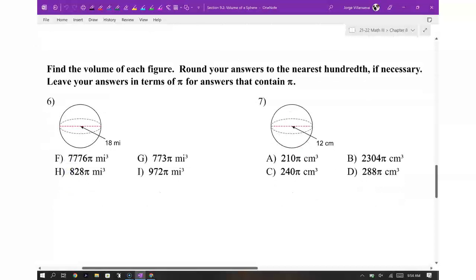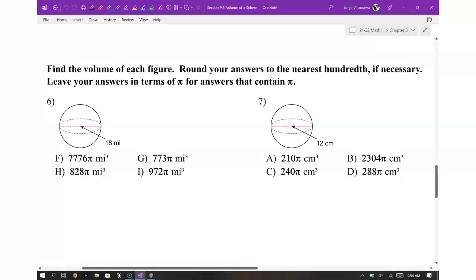It says, find the volume of each figure, round your answers to the nearest hundredth if necessary. Leave your answers in terms of pi. So notice how all the options have a pi in there. In other words, don't multiply by pi. Just figure out 4/3 r cubed and leave the pi next to it. You'll notice the answers here have a number and then pi next to it.